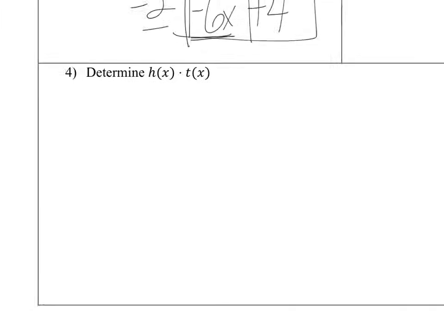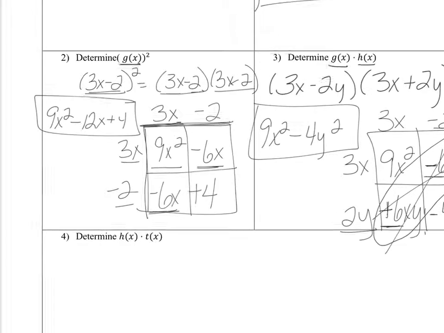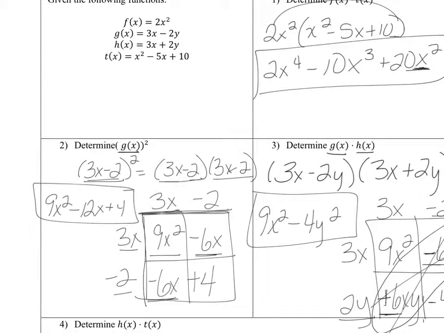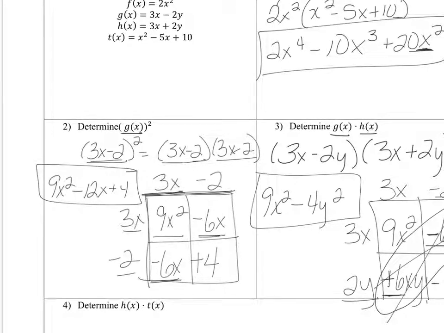All right, so this is all we're doing today for this video, is multiplying a trinomial, a trinomial times a binomial. So it's that h of x, I just don't have my paper right here. So h of x is 3x plus 2y, and t of x is x squared minus 5x plus 10.